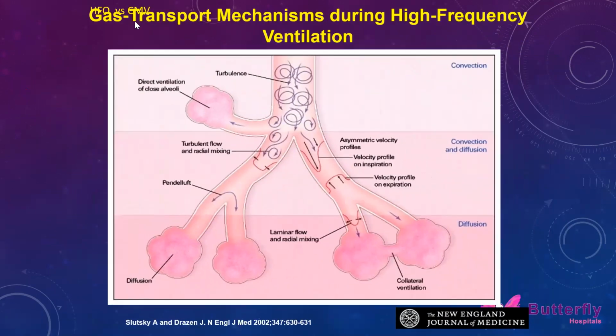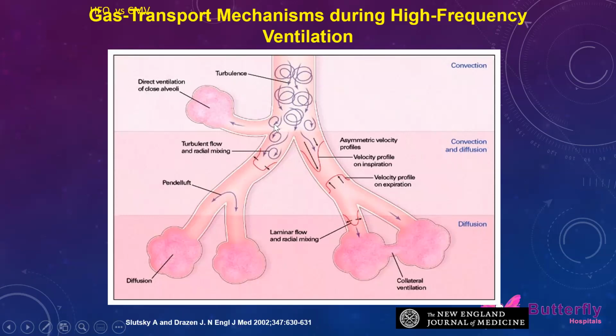So how does gas exchange happen during high frequency ventilation? It happens by various phases. Because of the turbulence, because of the high frequency, the air molecules go through the airway into the distal bronchi and bronchioles and then alveoli.